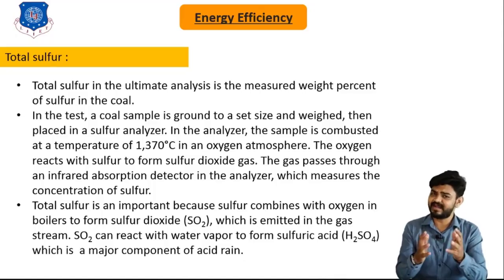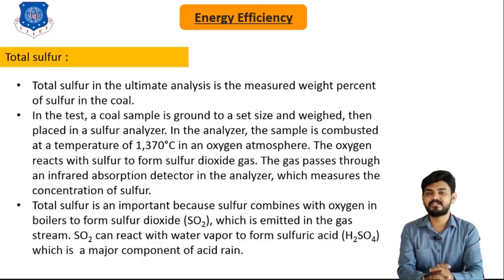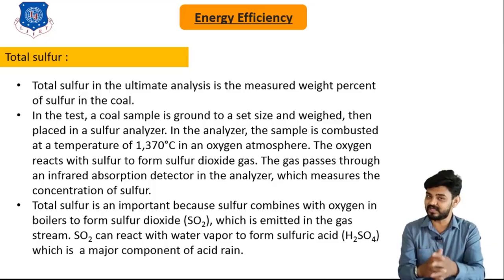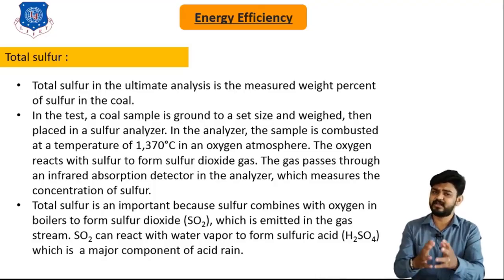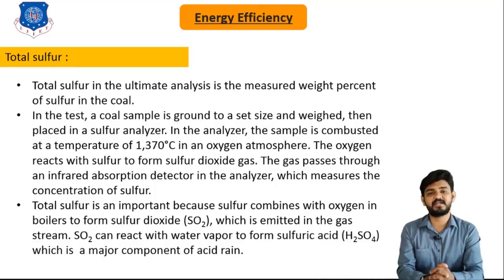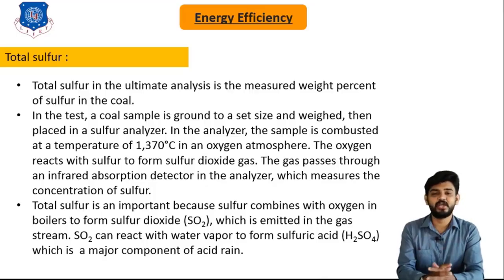In this sulfur analyzer, the sample is combusted at a temperature of around 1370 degrees Celsius in the presence of oxygen. This oxygen reacts with sulfur to produce sulfur dioxide. So, this sample is combusted and allowed to react with oxygen in order to produce sulfur dioxide.